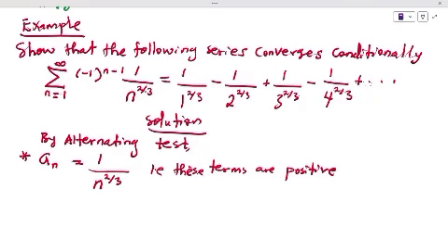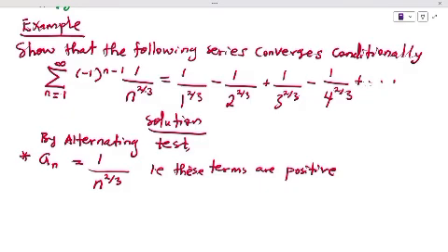As you look at this sequence one after the other, this is a series, right? If you look at each of the terms, you will observe that 1 over 2 to the power of 2 over 3 is less than 1 over 1 to the power of 2 over 3.